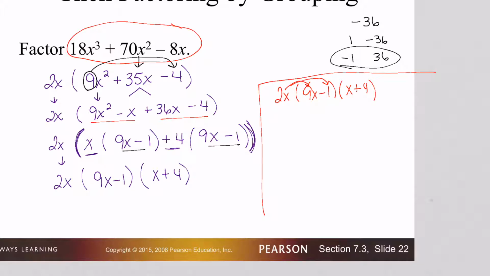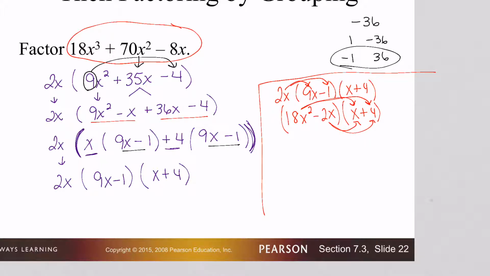So I get 18x squared minus 2x. Now I want to take this and multiply it times x plus 4. So now I've got to distribute again.